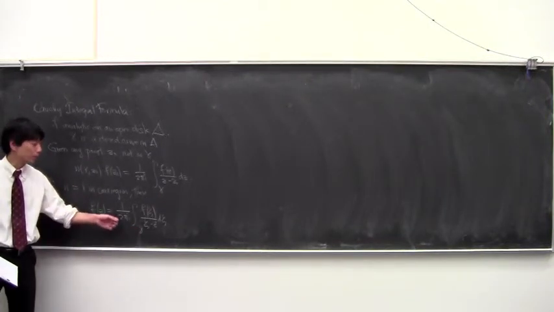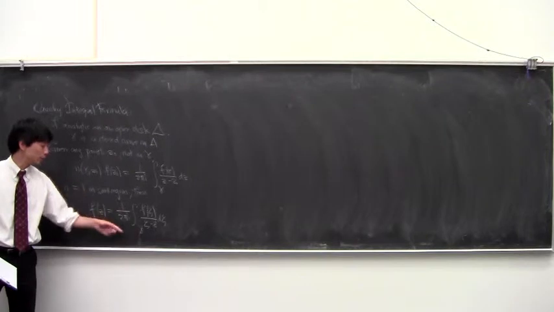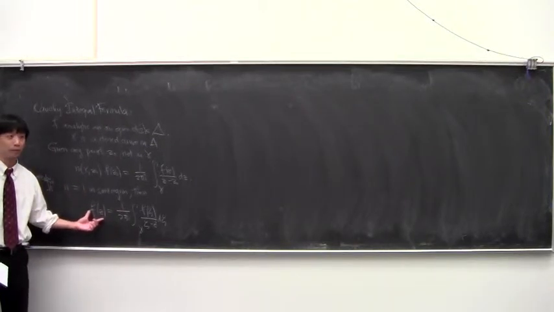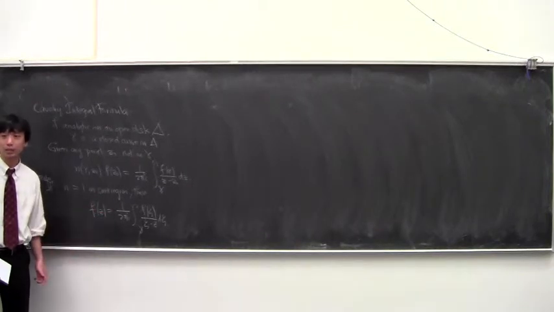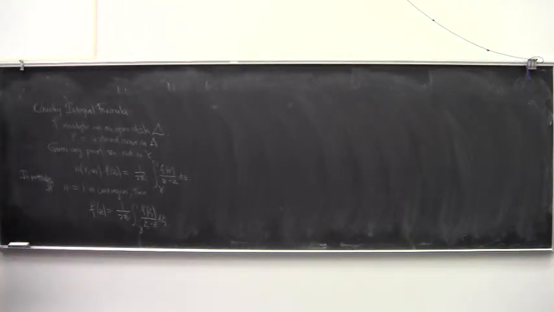That is, the values of the function on the loop determine the values of the function at every point inside the loop. So this is the first part of the integral formula.